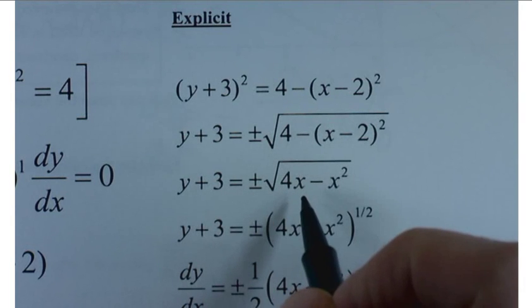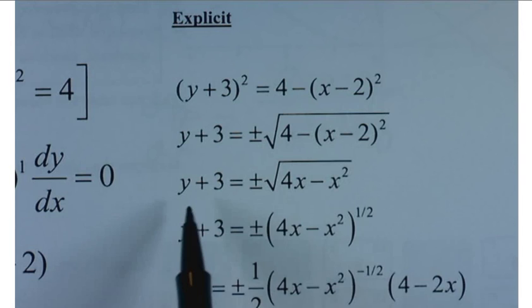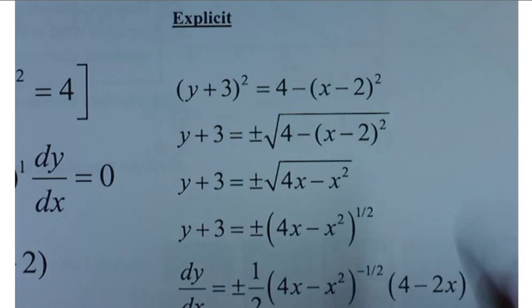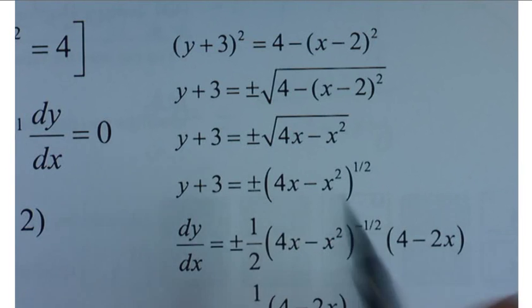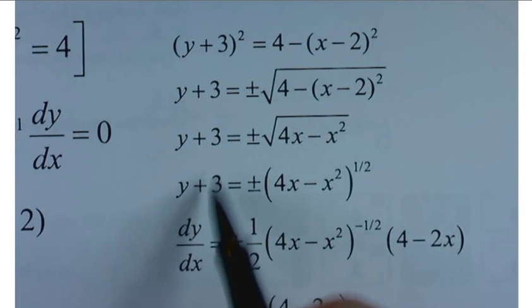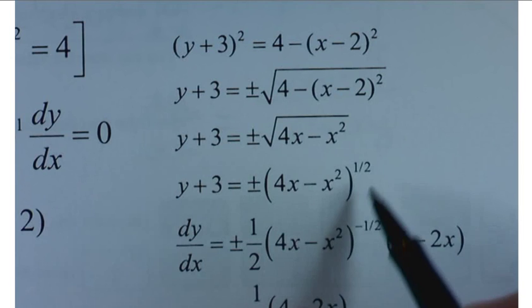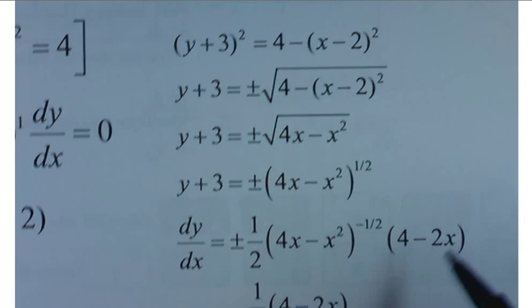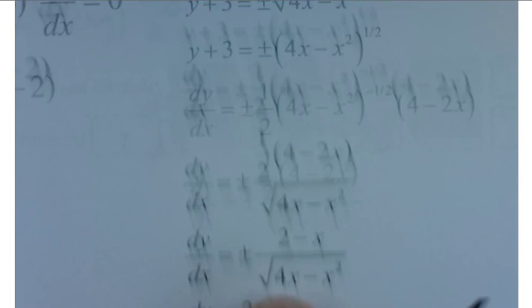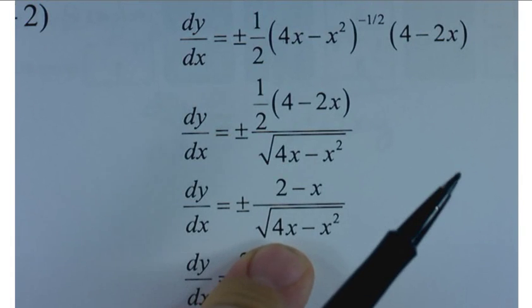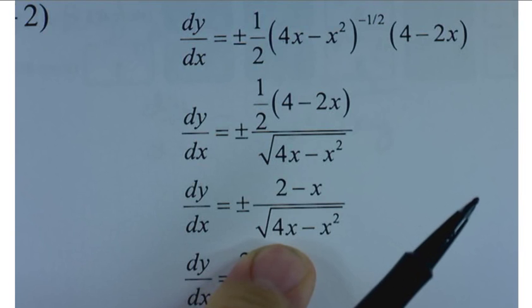It'll simplify like this. Move the 3 to the other side. Then you can find the derivative. Actually, you can differentiate right here because the derivative of 3 is 0. You have the derivative of the outside times the derivative of the inside. A lot of messing around. And you finally get down to this part right here after a lot of work.